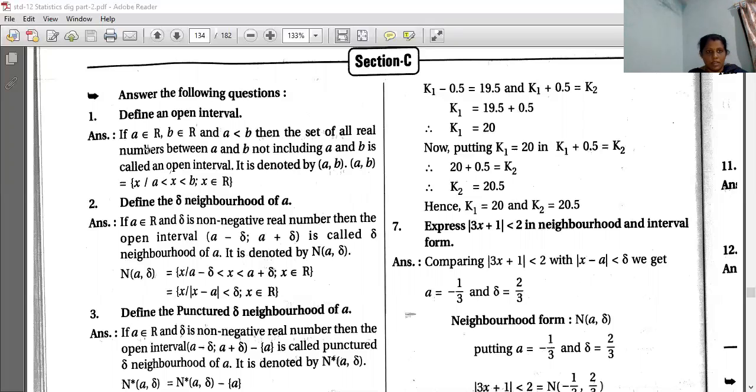Now, this is the definition of an open interval, and I told you before also that whenever definitions are given, you have to write exactly whatever is given in the textbook. Definitions, no compromise with the definitions. No own answers will be accepted.